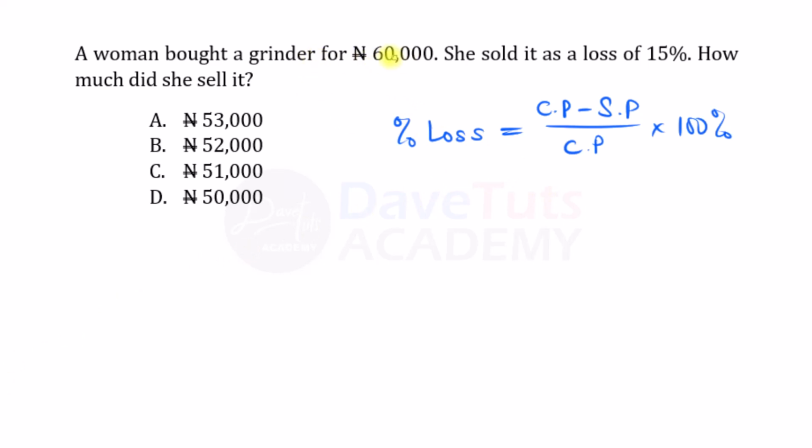If she is buying it for 60k but she is selling it at a loss of 15%, remember I said a loss will mean a reduction. So that means that the selling price for her is 100 minus 15% of 60k. So students, I need you to look at this critically.